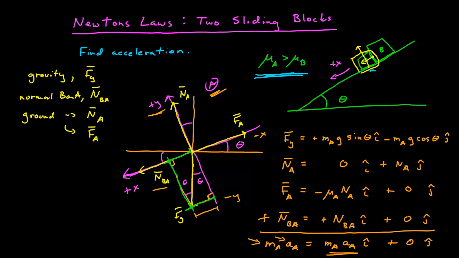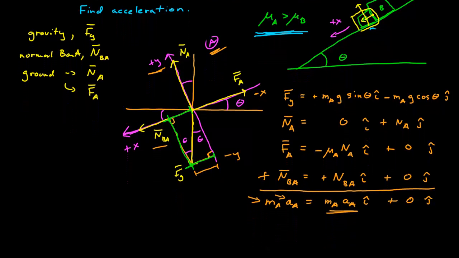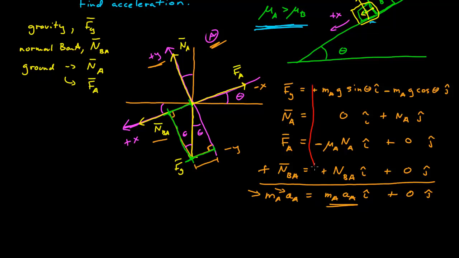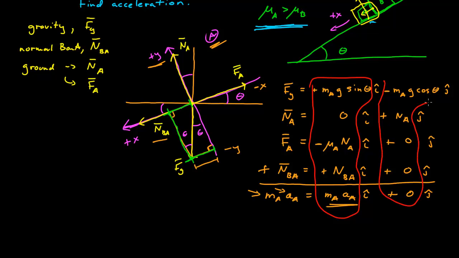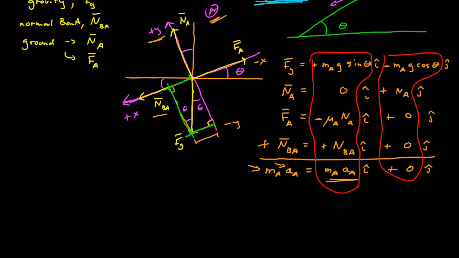That gives us some relationships. Here we have a sum over the x components, and then a sum over the y components. The y component is pretty easy to see first. We have that the normal force of the ground on A is equal to the mass of A times g cos theta.